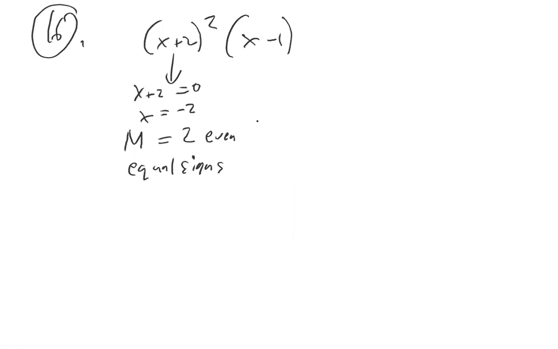Then the second factor doesn't have a power, but that means it has a power of 1. So if you set x minus 1 equal to 0, you'll get x equals 1. And the power is 1, so the multiplicity is 1, and that's odd. So odd means opposite signs.